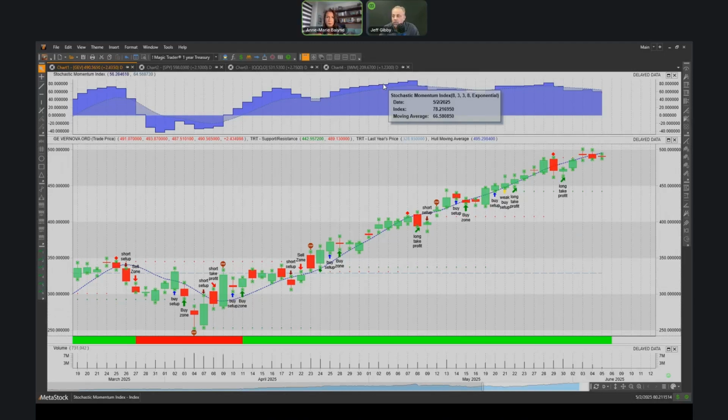If the trend is up, I know the dip in the stochastic is telling me there's a buy zone. If my trend is down and I see a bounce in that stochastic, a bounce off its lows, it tells me I'm going to be able to short it at those highs.